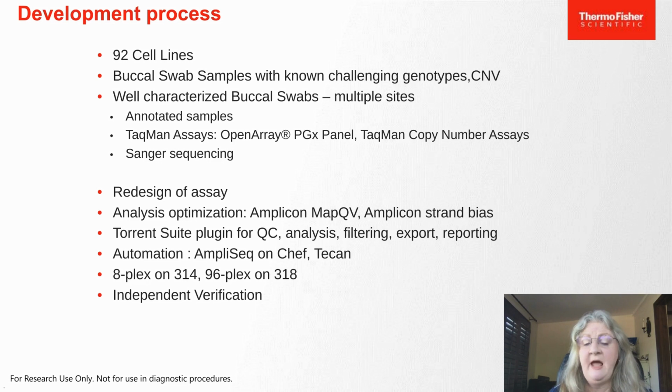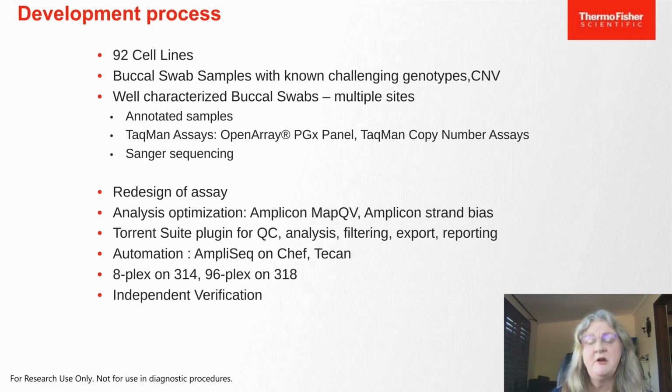One big advantage we have with AmpliSeq panels is that we can design the primers in a very precise way to enrich just for the gene that we're interested in and not for other genes in the same gene family that are very similar. And so we developed an analysis solution to take advantage of this knowledge of the primer context, adjust the amplicon map quality value on an amplicon by amplicon basis, and in addition, to account for amplicon strand bias.